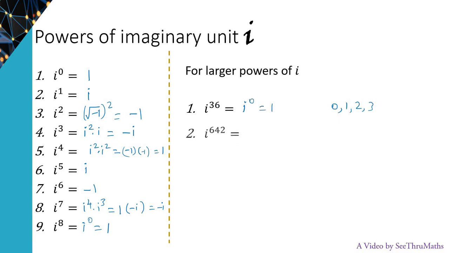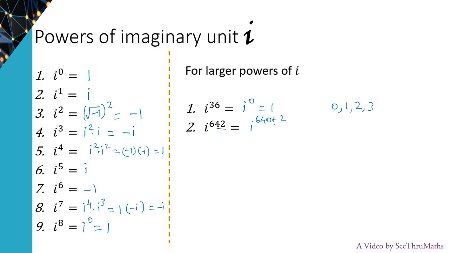The next one is a little bit larger number, i power 642. But whatever the big number may be, to check whether a number is divisible by 4 or not, we take only the last 2 digits. So here it is just 42. Is 42 divisible by 4? No. But if I subtract 2 from this, or add 2, whatever it may be, that means i power 642 can be written as 640 plus 2.